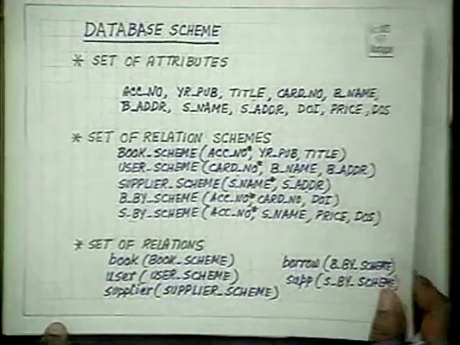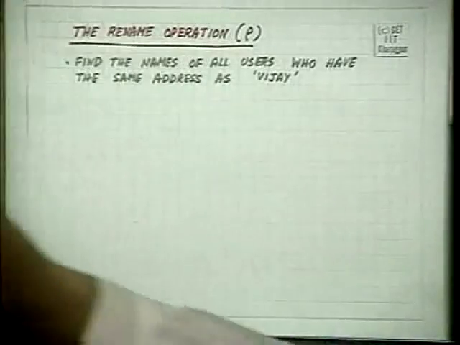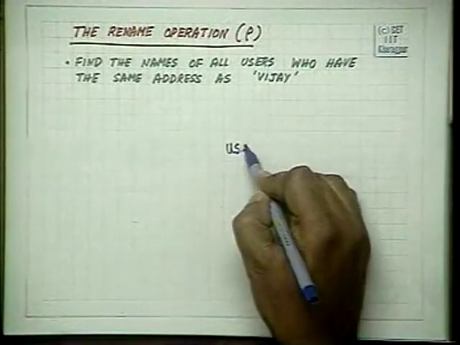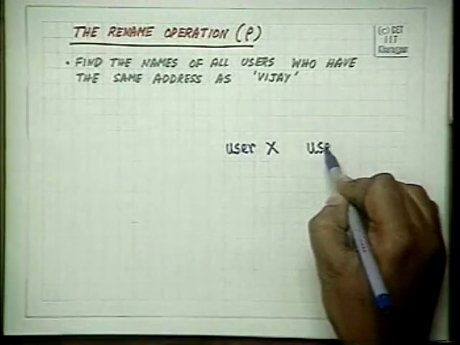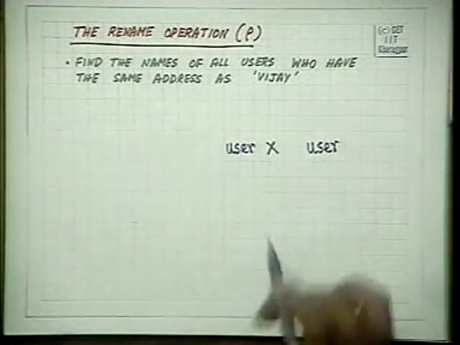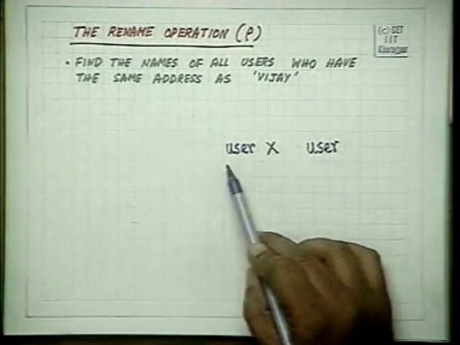So now, in order to do it for this particular relation, we have to do a combination by Cartesian product of user and user.